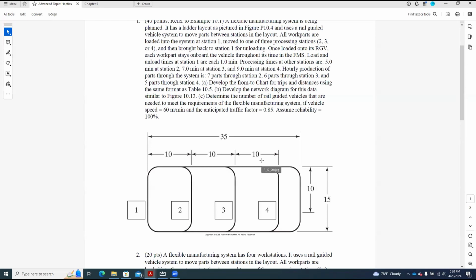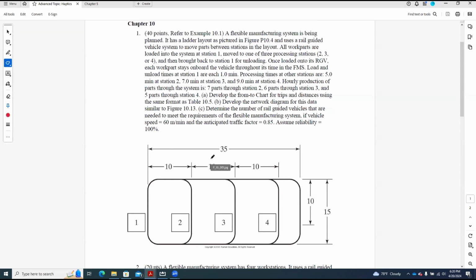Now let's calculate the distance it travels from station 1 to station 2. Does it say which way we follow?